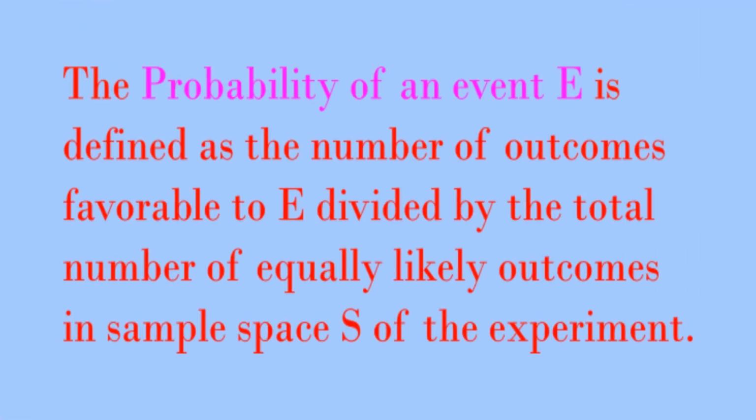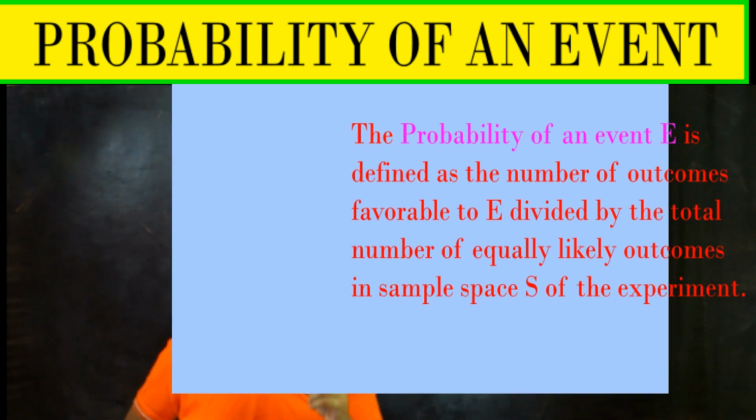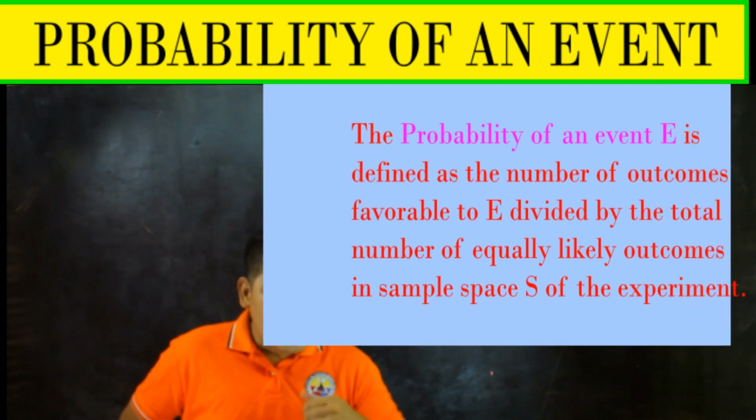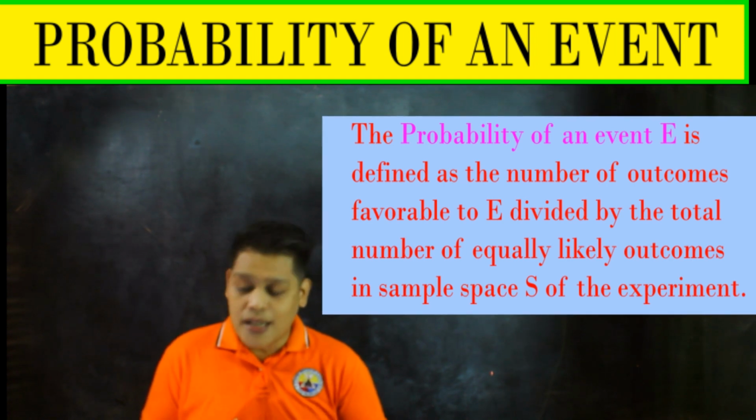Now we will go to our lesson. So our lesson is all about the probability of an event. The probability of an event E is defined as the number of outcomes favorable to E divided by the total number of equally likely outcomes in a sample space of the experiment.